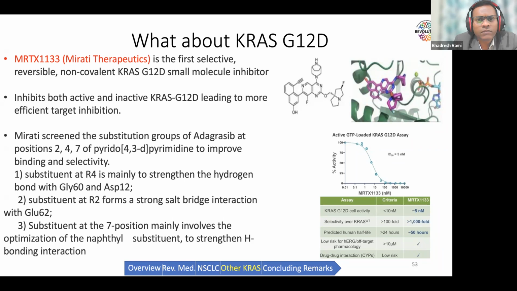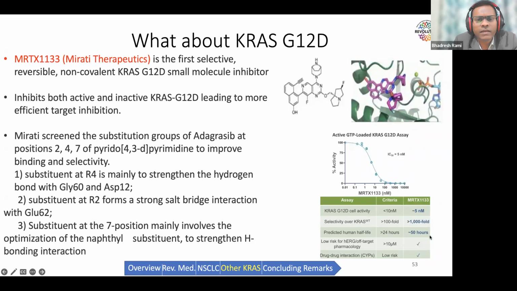And on the bottom left of the molecule you see the naphthyl group with a modification compared to adagrasib that enables it to participate in strengthening the hydrogen bond interactions with the rest of the protein molecule. And the data shown in the tabular form below, it's single digit nanomolar potency on the G12D mutant cells. It's highly selective over the wild type.